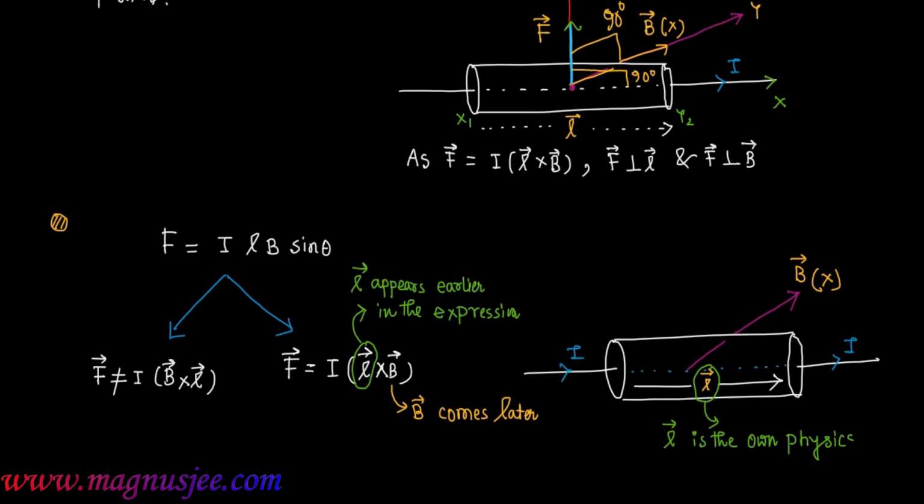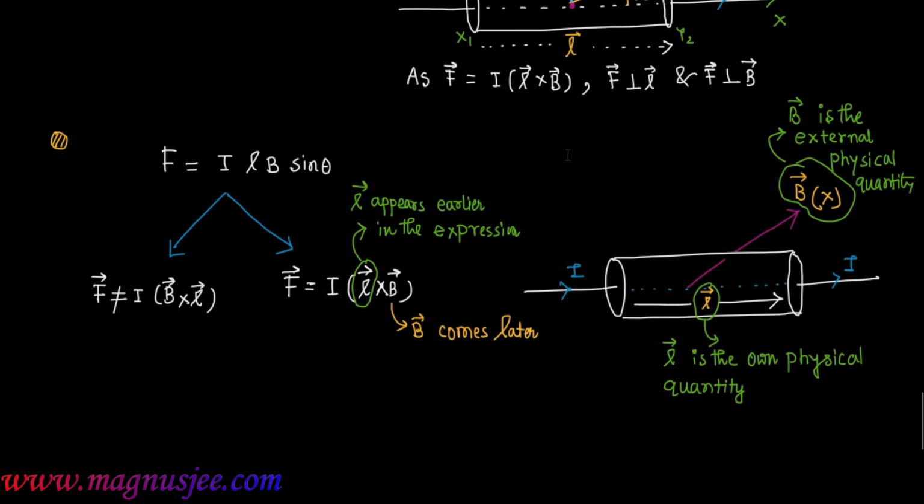Vector L is the own physical quantity of the conductor X1 X2, and vector B is the external physical quantity.